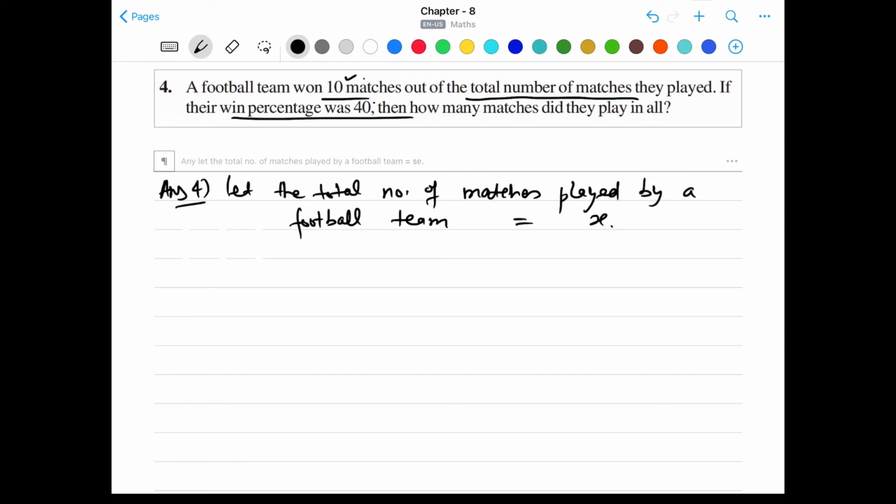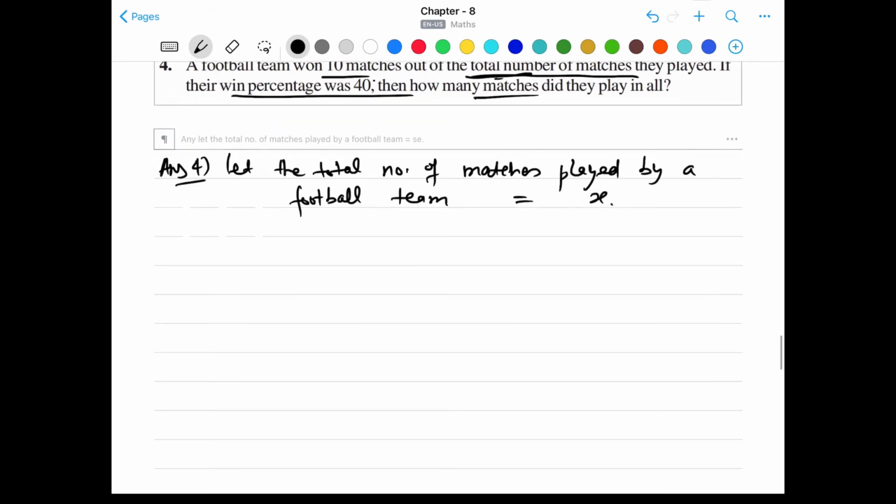As the total number of matches is not given and we have to calculate it, we have assumed that the total number of matches a football team has played is x.